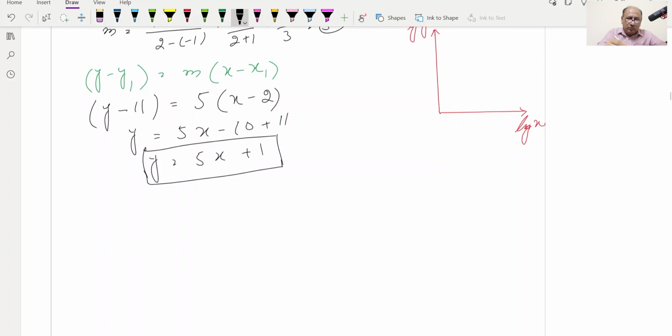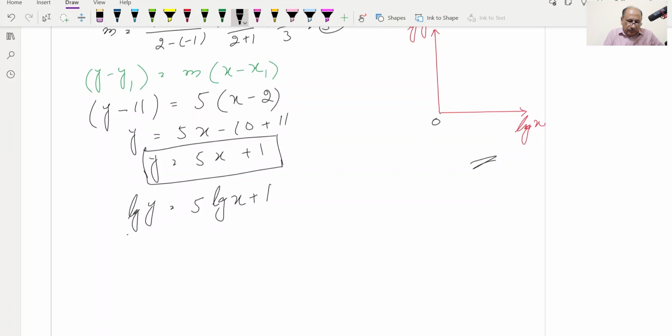Now the same equation, if graphed with log x and log y functions, so it will be what? y will be switching to log y, so we will write log y will be equal to 5 log x plus 1.